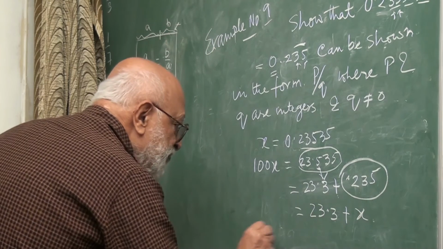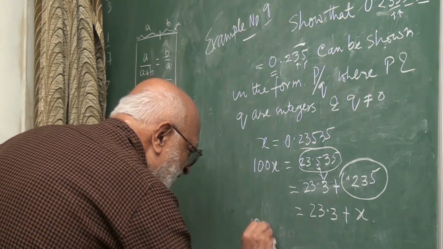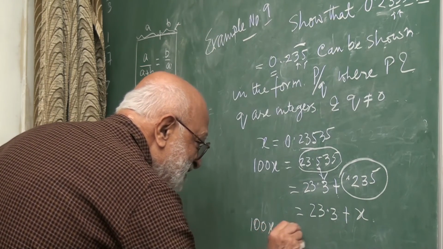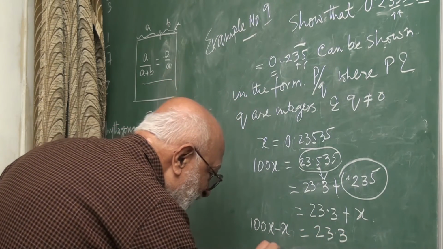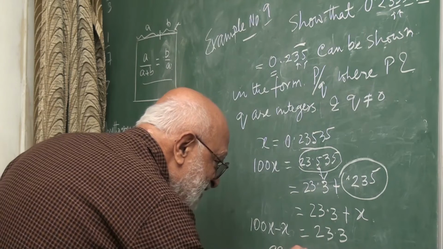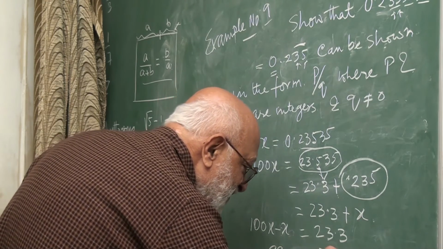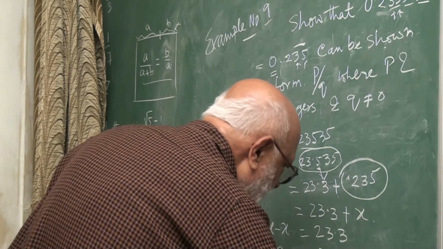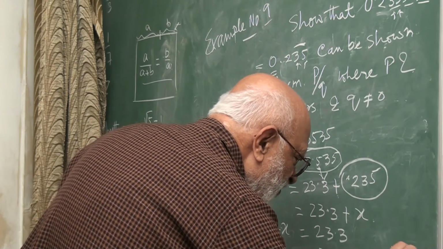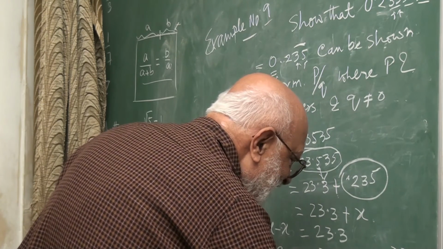So 100x minus x is equal to 23.3. Therefore 99x is equal to 23.3. Therefore x equals 23.3 by 99.